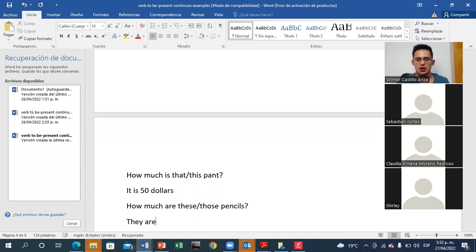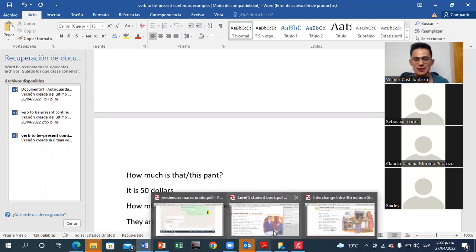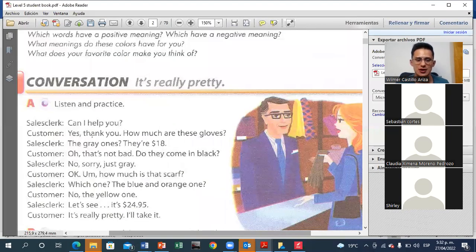Lo que sea. Okay? So now, according to that, I know that you're going to understand better the reading that we were doing. Yo sé que ahora van a entender un poco mejor este reading que estamos haciendo acá. So, how much are these gloves? What does it mean in Spanish? ¿Cuánto valen estos guantes?